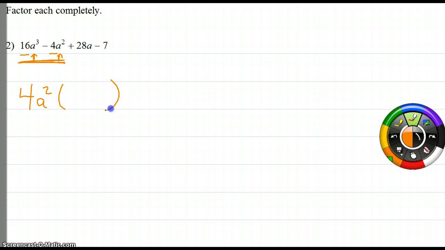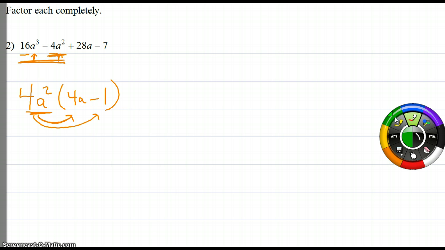So I'm going to factor that out. And when we factor out, we kind of talk to ourselves. 4a squared times what will give us a 16a cubed? That would be a 4a. And 4a squared times what will give us a negative 4a squared? That would be a minus 1.